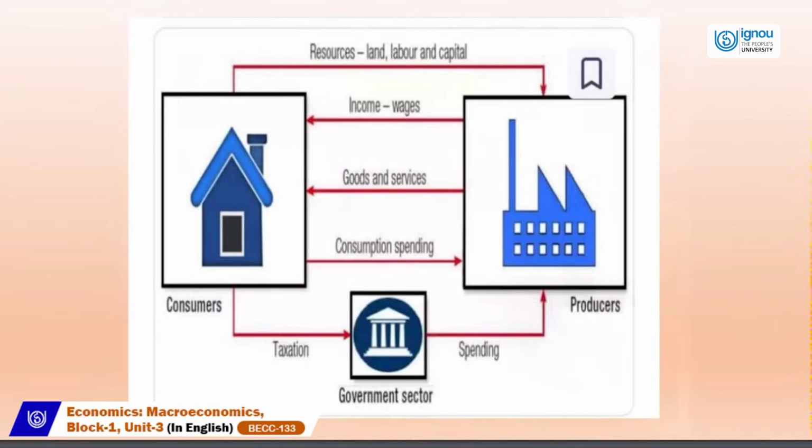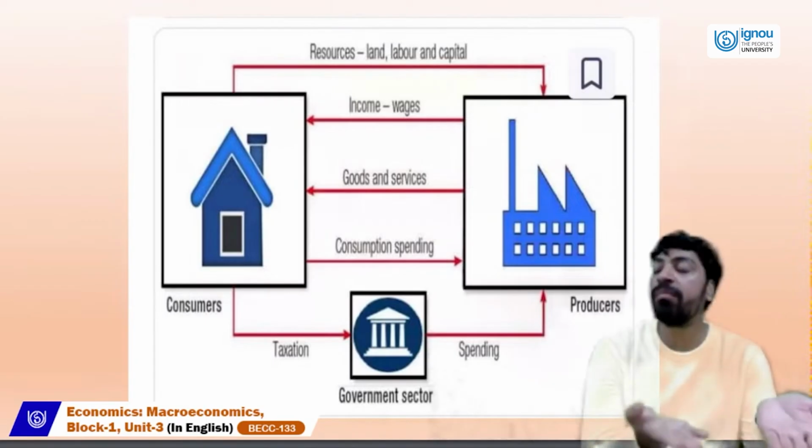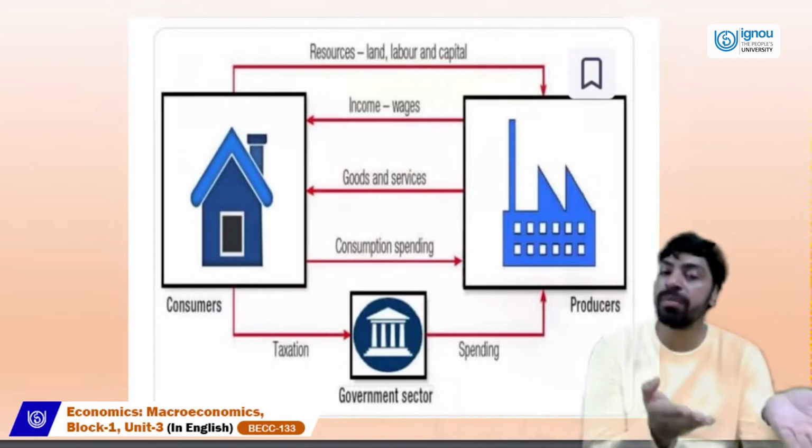Then the consumers buy goods and services from the businesses, and the businesses sell goods and services to the ultimate consumers. The income received by the businesses and firms ultimately comes from the consumers or households.